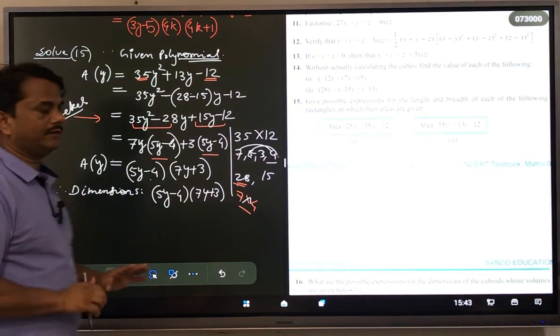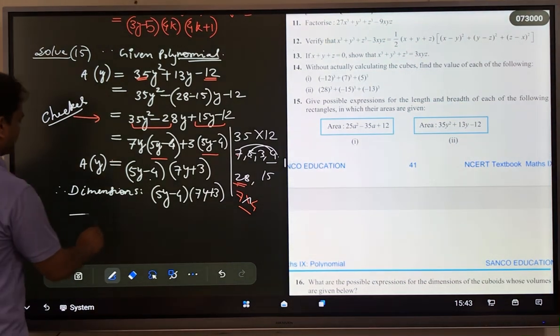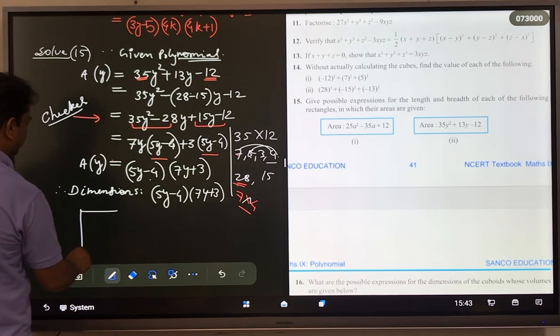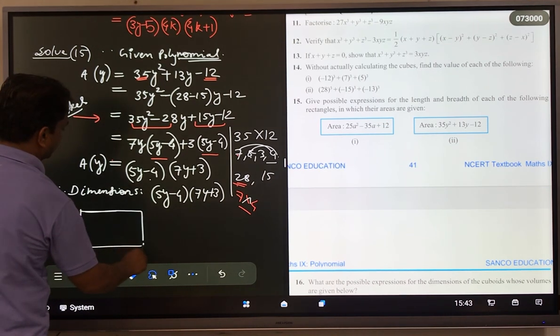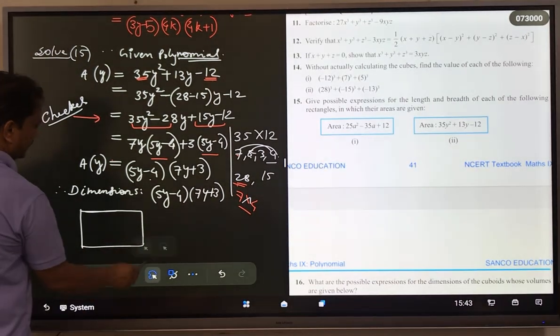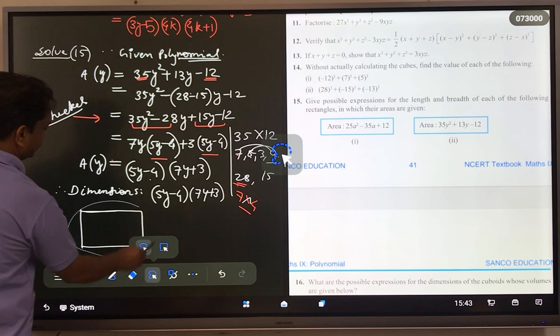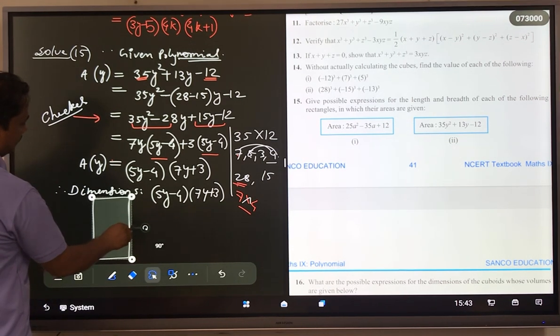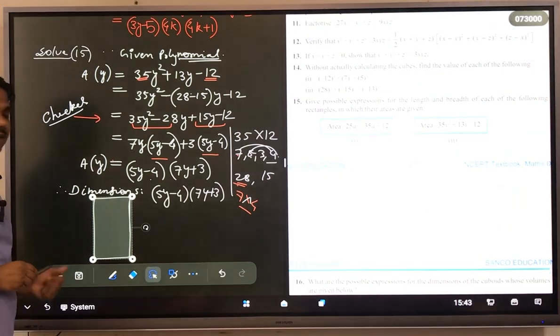This is a rectangle. Its breadth is much greater than the length, right now? Now tell me, what about the length and breadth?